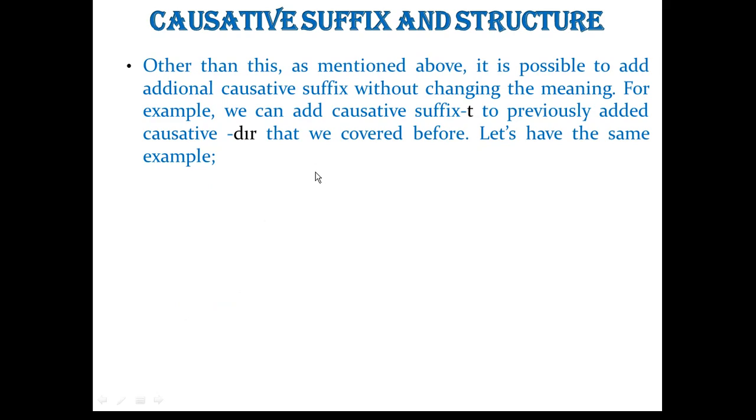Other than this, as mentioned above, it is possible to add an additional causative suffix without changing the meaning. For example, we can add causative suffix te to previously added causative dir that we covered before. Let's have the same example here.